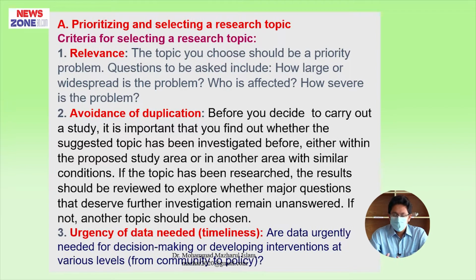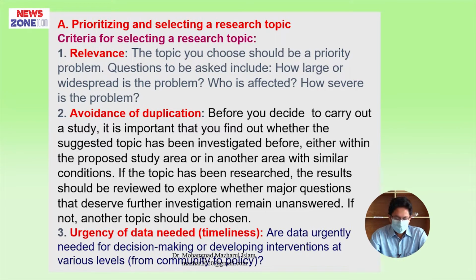And we have to prioritize according to relevance. The problem must be relevant to the people, to the time, and to the current situation. So an important problem must be picked. So relevance is the first criteria for prioritizing a topic.